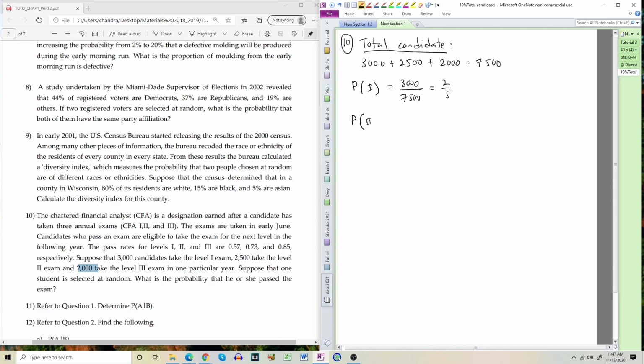The probability a person sits for level 2 exam is 25/75, and the probability a person sits for the third exam is 20/75.